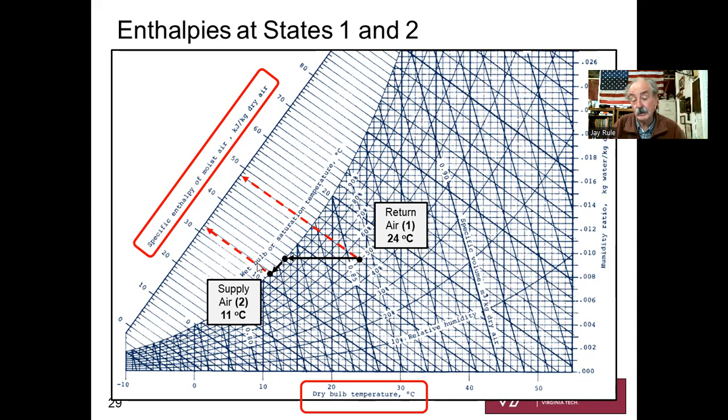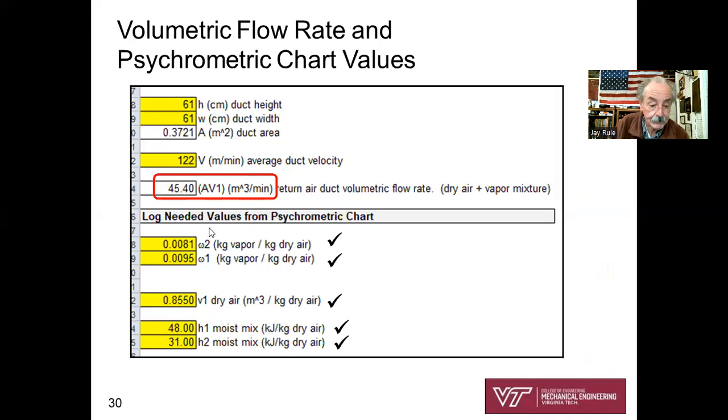All right, let's see what I logged. So we've got omega-1, these little check marks, what I logged from the psychrometric chart. Omega-1, I'm sorry, omega-1, a bigger number, 0.0095. Omega-2, a smaller number, 0.0081.